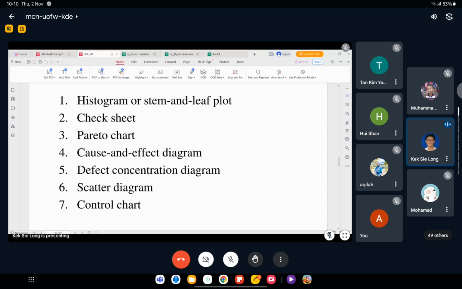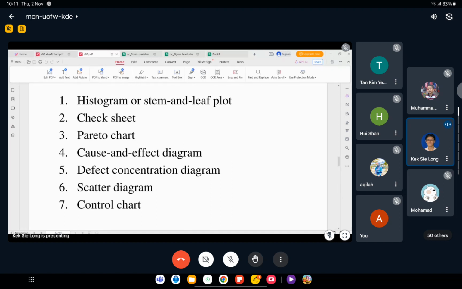We also have discussed how to calculate the center line, the upper control limit and the lower control limit. So we have discussed how to do the calculation. Today, our main focus is to plot the control chart.